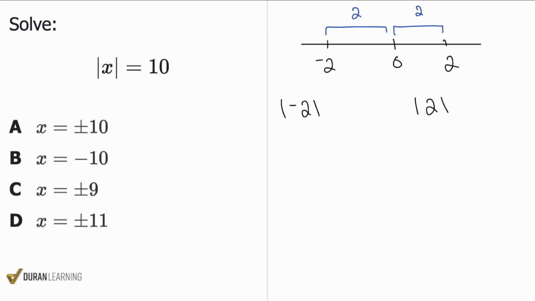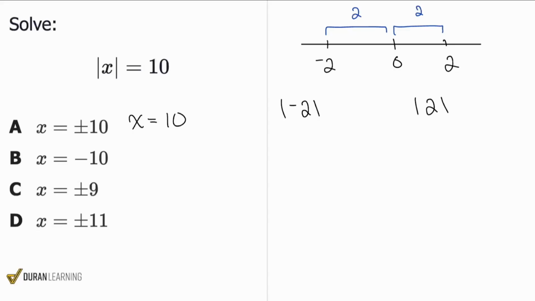So here's how we take care of these problems. What you can do is take into account 2 possibilities. The first possibility is whatever is in here is already positive, so I can compare the x to 10.